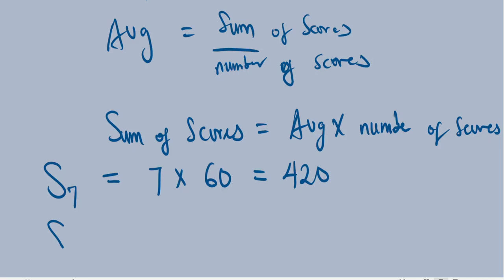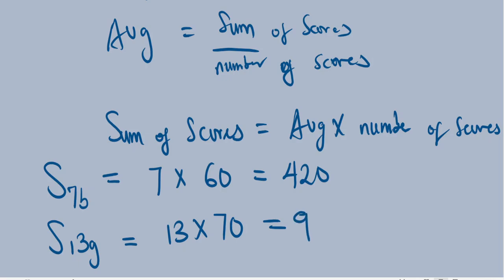Then the sum for 13 girls: 13 girls, and the average was 70, so that is 13 times 70. 13 times 7 is 91, that is 910.